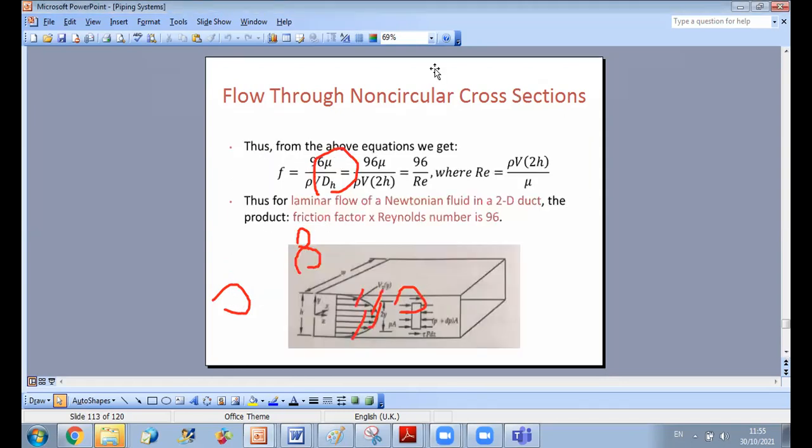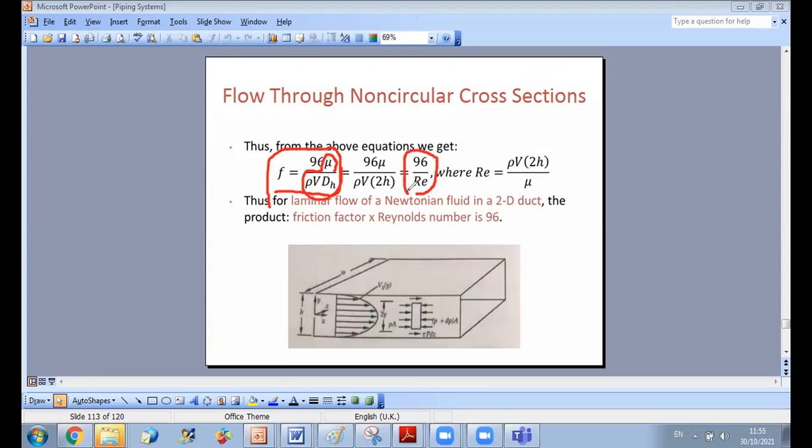Okay, so if you replace in these relations, it shows that for a rectangular duct this is the relation between the friction factor and the parameters of the flow, which are mu, rho, v and Dh. And you can identify here that this term represents 1 over Reynolds. So for the case of a 2D duct, the friction factor can be calculated as 96 over the Reynolds number.